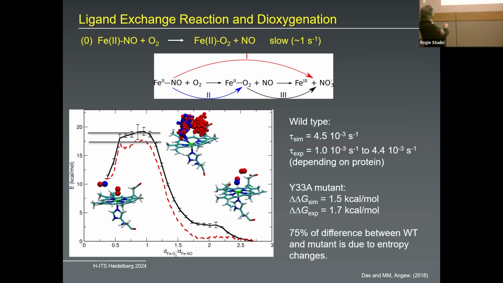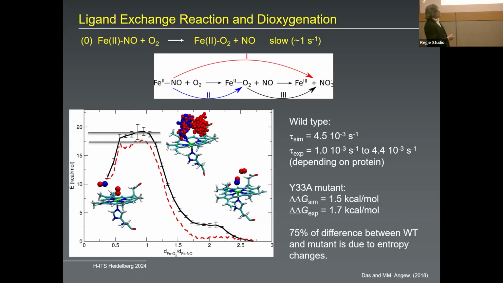So this is the free energy profile from umbrella sampling. It is known that the overall process is slow, about 1 per second, and that goes from right to left. And you see the barrier is 20 kilocalories, and 20 kilocalories is 1 per second in rate. On the other hand, the time constant computed from MD simulations is 4.5 times 10 to the minus 3, which falls in a range of observed rate constants.